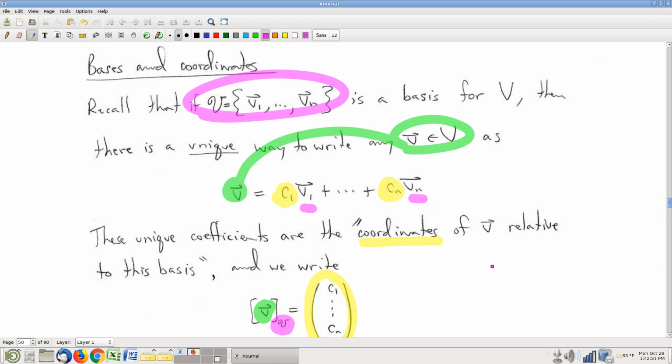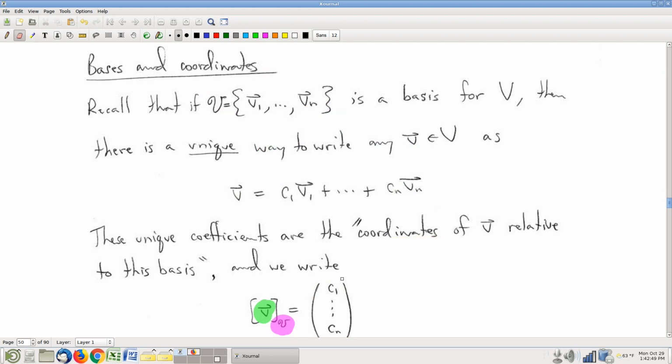Okay. All right, but whenever you see this statement right here, this notation, you have to remember what that's telling you. That's telling you that that vector is a linear combination of the basis vectors using those coordinates as coefficients. Okay, so that's all flashback. That's all reminder from chapter 2.